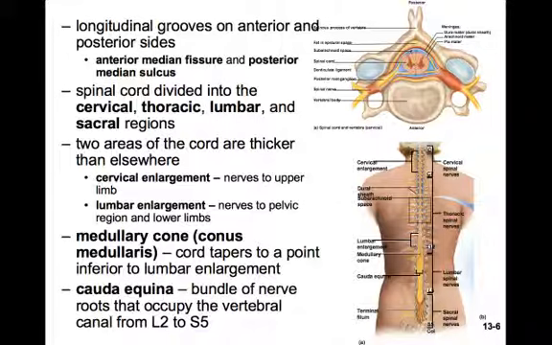After the spinal cord ends at the medullary cone, or conus medullaris, around L1, it turns into sort of a horse's tail arrangement, many different fibers, ending down in the sacral area. This arrangement is called the cauda equina, and it ranges from L2 down to sacral level 5.